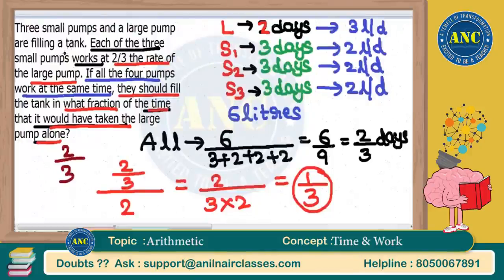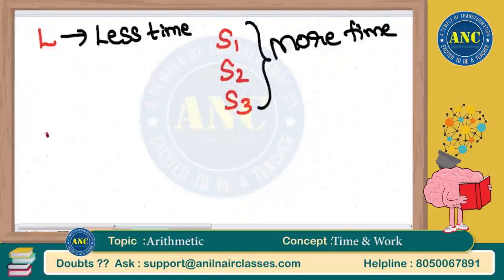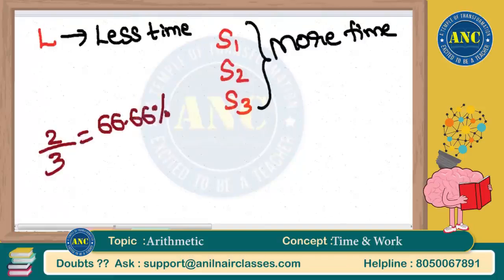They are saying that each of the 3 small pumps works at the rate of 2/3 of the large pump, right? What is the meaning of 2/3? In terms of percentage, it is 66.66%. That means the small pump works at 2/3 of the large pump.